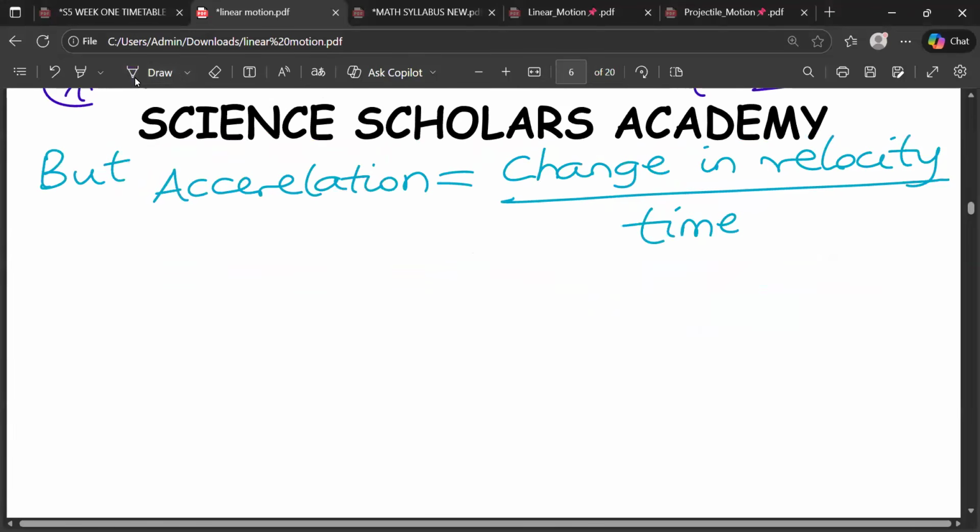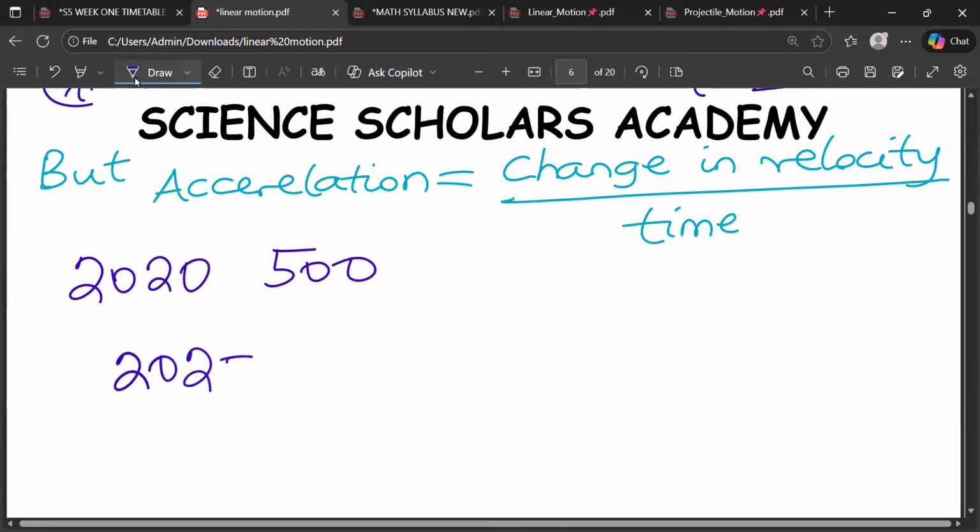Okay, so acceleration is change in velocity with respect to time, or the rate of change of velocity. So the change is easy. If you say that in 2020 the pen was costing 500, but right now in 2025 the pen is costing 800.